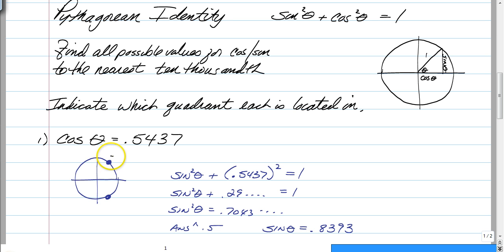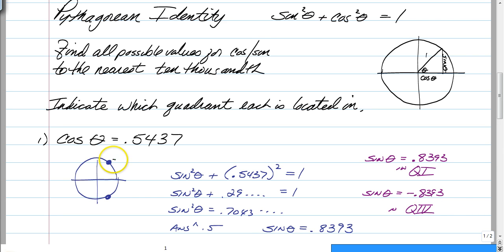So since cosine was positive in quadrant 1 and 4, you have to say that sine of theta is equal to a positive 0.8393 in quadrant 1. And you also have to say that sine of theta is equal to a negative 0.8393 in quadrant 4.